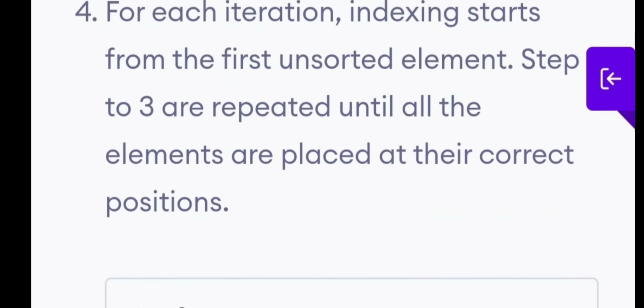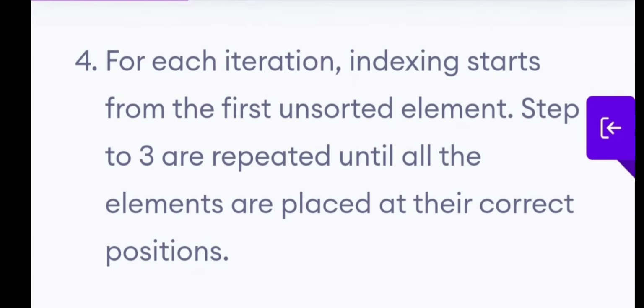Next, fourth step. See, for each iteration, indexing starts from the first unsorted element. For each iteration we have to compare with the starting element. Steps 2 and 3 are repeated until all the elements are placed at their correct positions, because after completion of the first iteration we have to place the first smallest element at the beginning of the unsorted list.